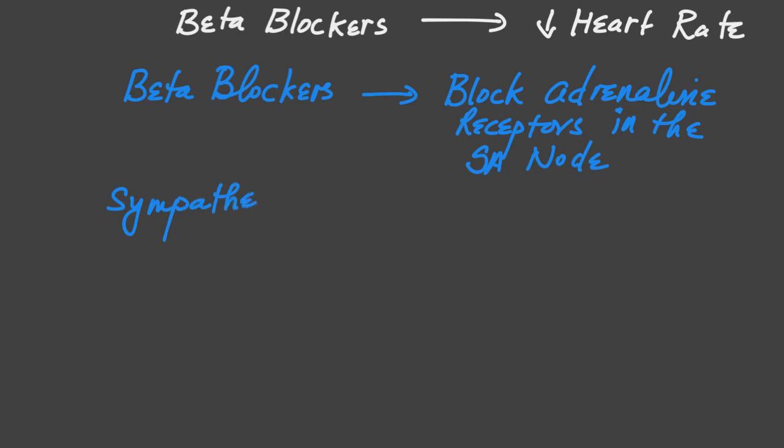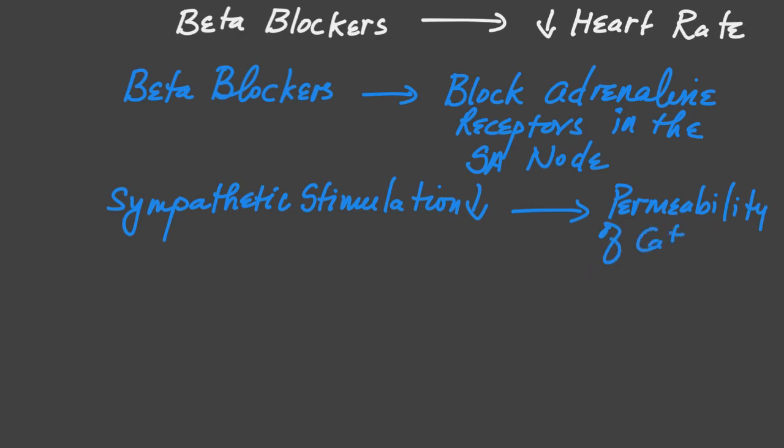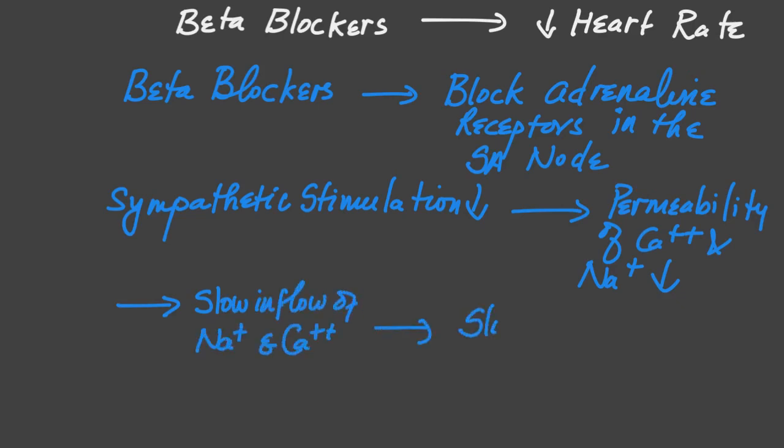Sympathetic stimulation of the SA node goes down. So we're going to use a down arrow to indicate decrease. This results in the permeability of the calcium and sodium channels to also decrease. As a result, there is slow inflow of both calcium and sodium. Now, if there is slow inflow, there's going to be slow depolarization.